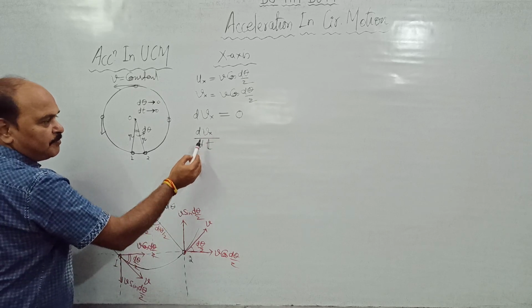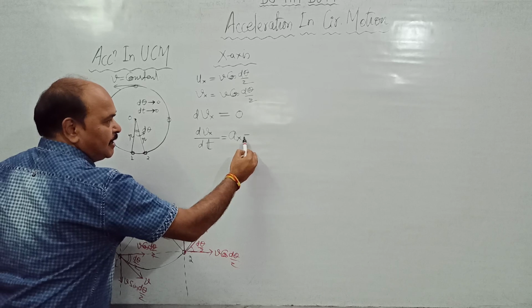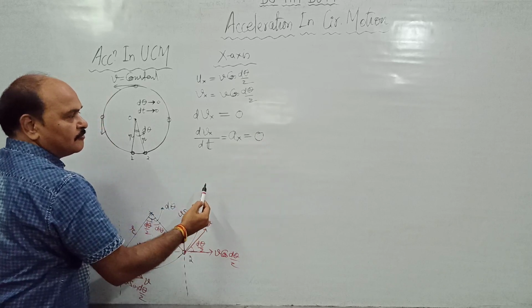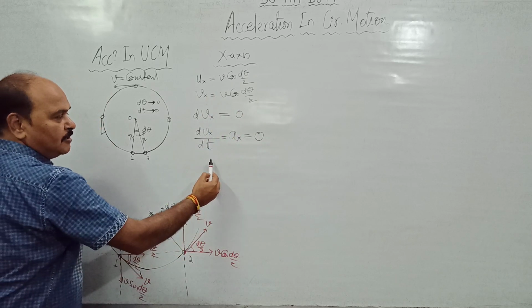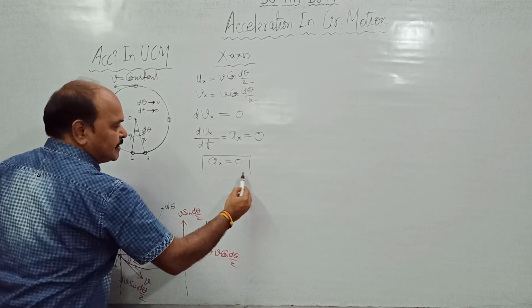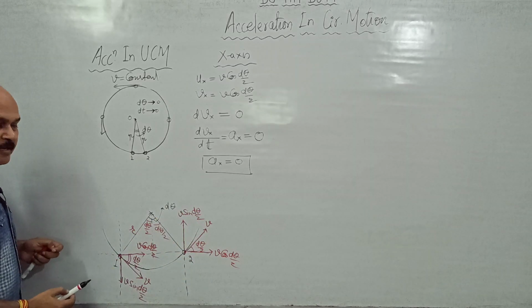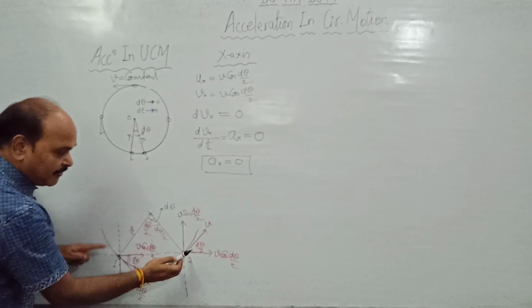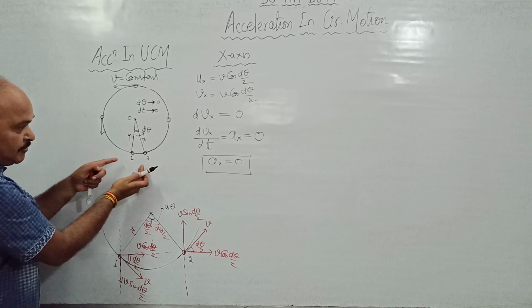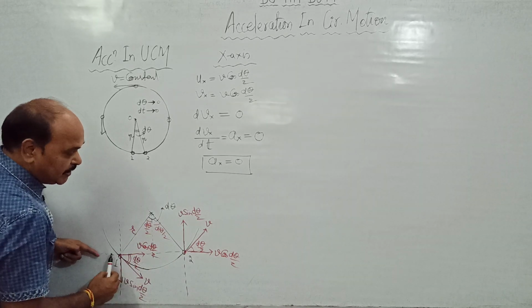Therefore, change of velocity per unit time is going to be acceleration along x-axis, and that is going to be 0. Why? Because dv is equal to 0. Therefore, acceleration along x-axis is 0. Well, this is the magnified diagram. The actual situation exists here. So this x-axis seems to be a chord here.